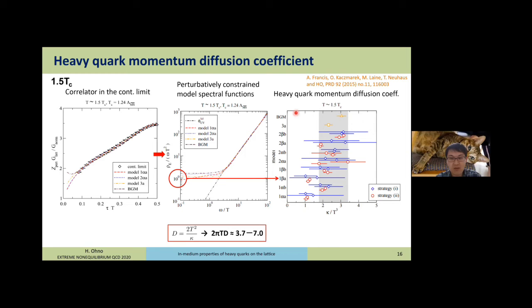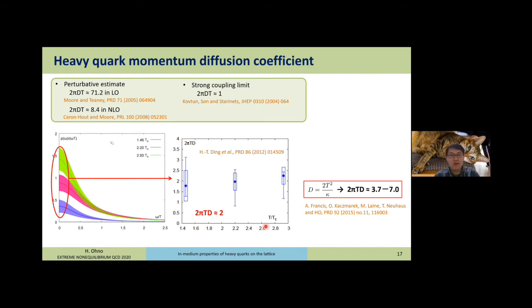From these models, we can get the heavy quark momentum diffusion coefficient, and also one can translate it to the heavy quark diffusion coefficient itself, and we get a value like this: 2 pi times temperature times this diffusion coefficient is equal to something like 3.727.